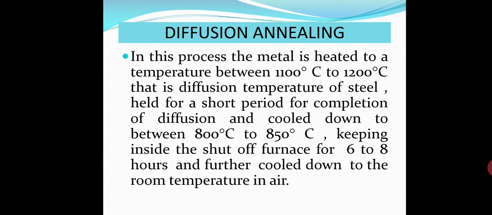It is held for a short period, not for a long period, for completion of diffusion, and cooled down to between 800 and 850 degrees centigrade, kept inside the furnace for 6 to 8 hours, and further cooled down to room temperature in air.